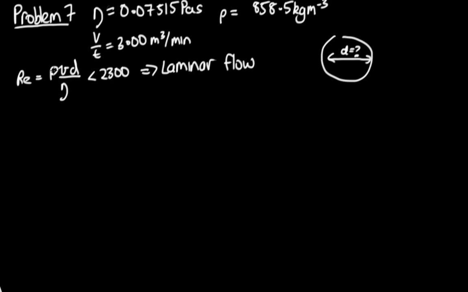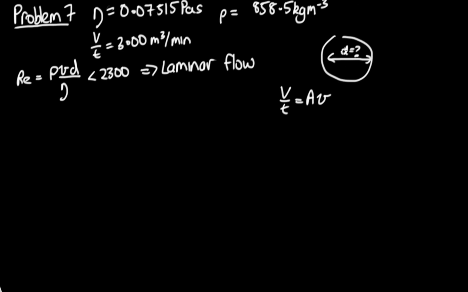We've been given the density and we've been given the viscosity. We're going to need to work out the velocity here. So we can do that using our volume flow equation. We know that the volume over the time is equal to the cross-sectional area of the pipe times the velocity of the pipe. This gives us the volume of liquid flowing through the pipe per second.